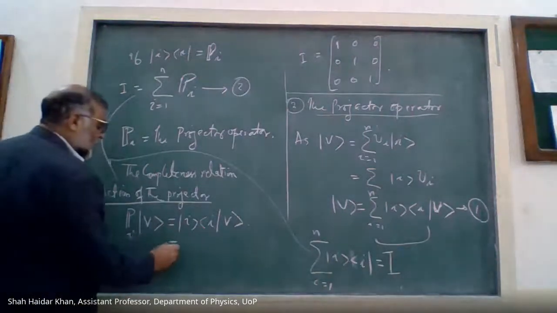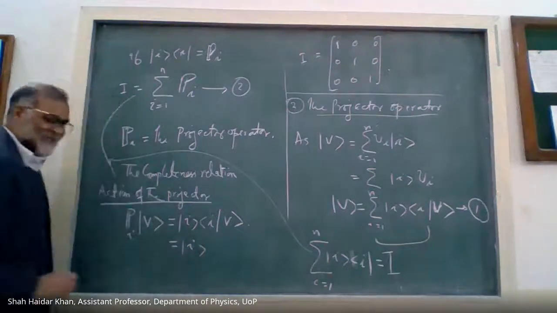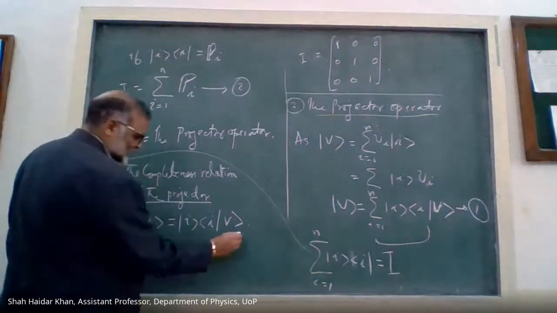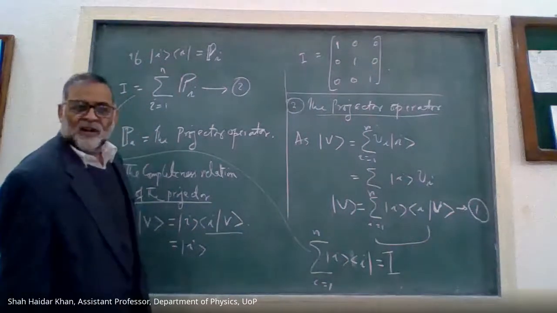Now we can look at this. What is this? This is the component of V along i.